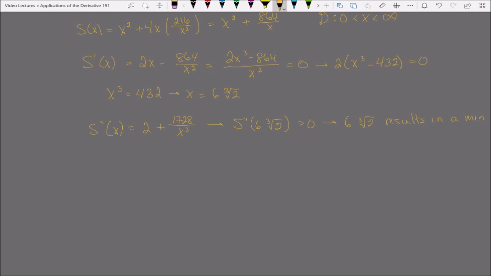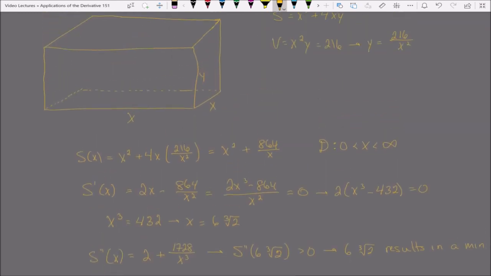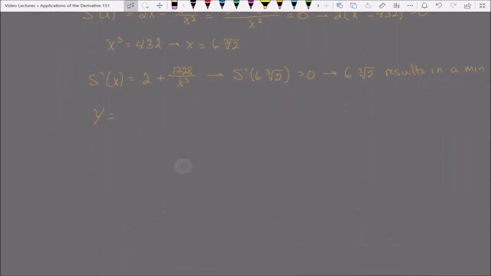Right? So dimensions of the box, we need to solve for y now. So y itself, remember we said was 216 over x squared. So 216 over 36 cube root of 4. And this winds up being 3 cube root of 2.